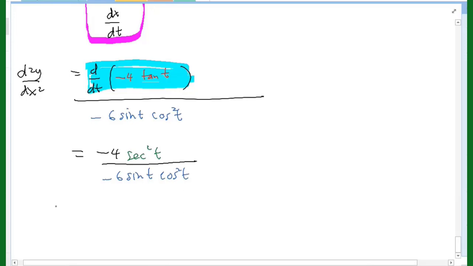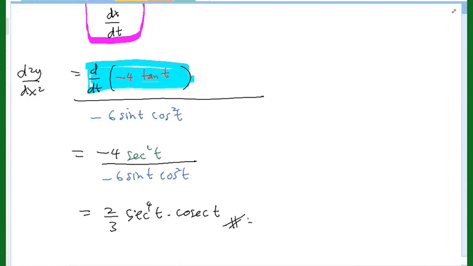Okay, simplify. This gives 2 over 3. Secant is 1 over cos, bring it up, so secant t to the power 4. Then 1 over sin is equal to cosecant t. Settle. Have we answered the question yet? 2 over 3. Okay, settle this one.